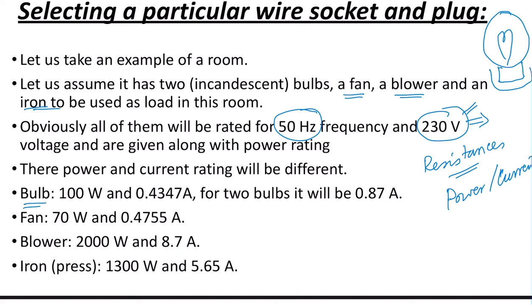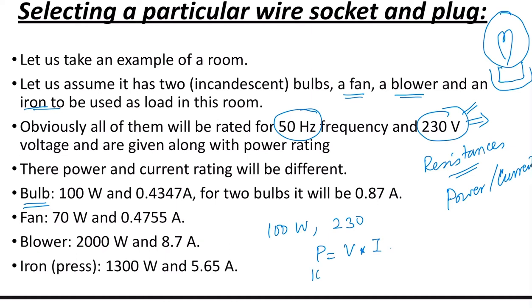The bulb is said to be 100 watts, rated at 230 volts. So if you see a 100-watt bulb at 230 volts, like I've said earlier, P is equal to V into I. This is the instantaneous value.